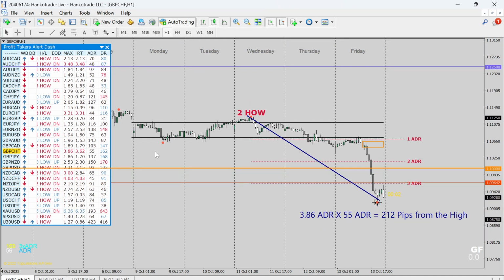So the pound Swissy is showing the max ADR at 3.86, which is the maximum ADR since the high of the week. If you take the 3.86 and multiply by 55, and 55 is the ADR for this particular pair, the 1 ADR, that's 212 pips away from the high.